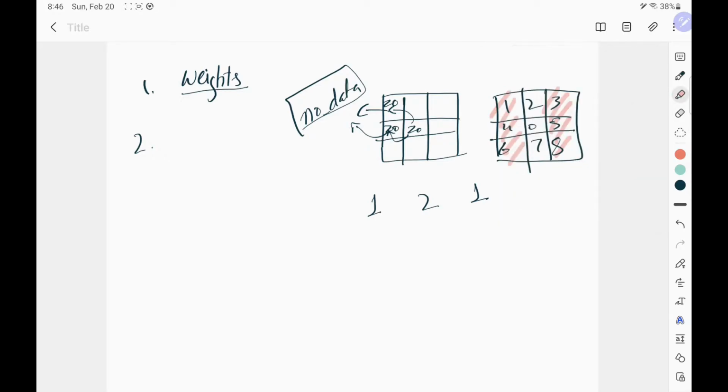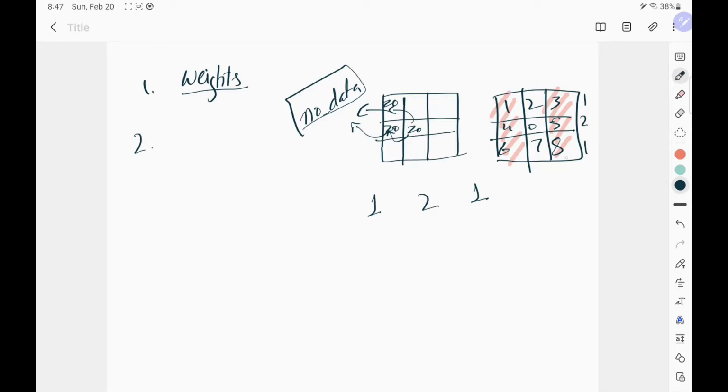In order to calculate it, you will be using the following weights, 1 2 1.